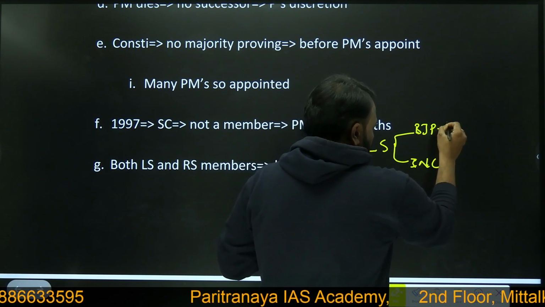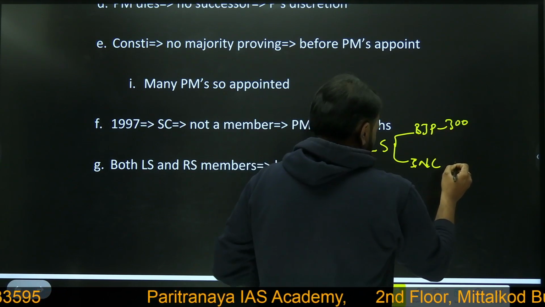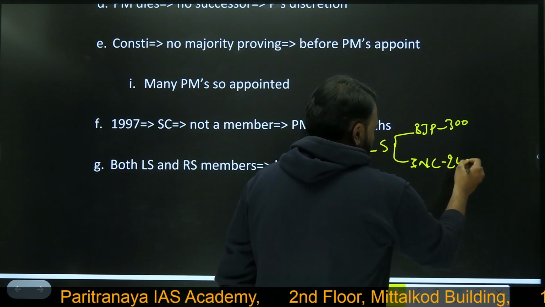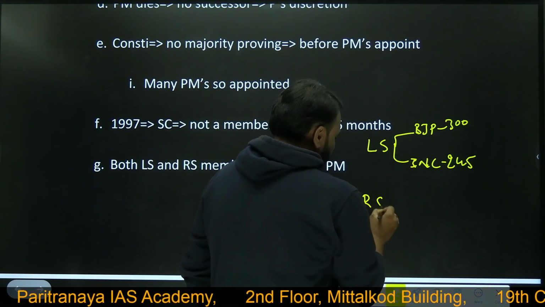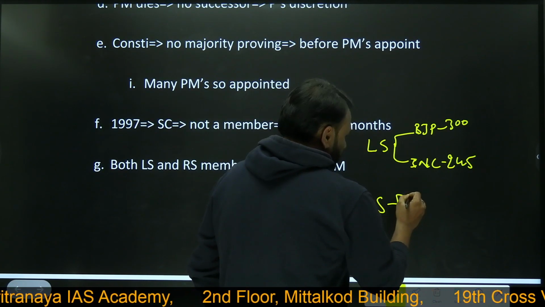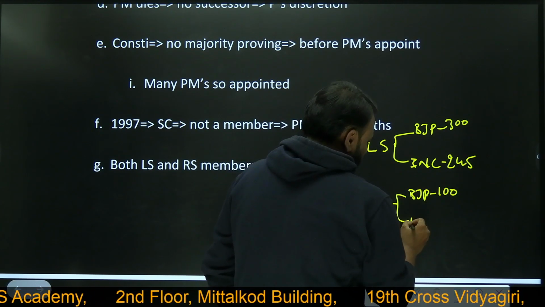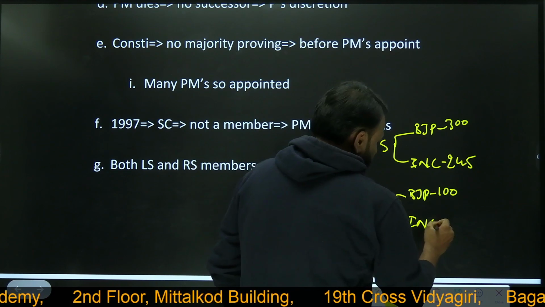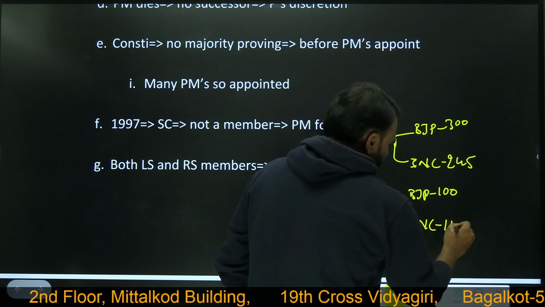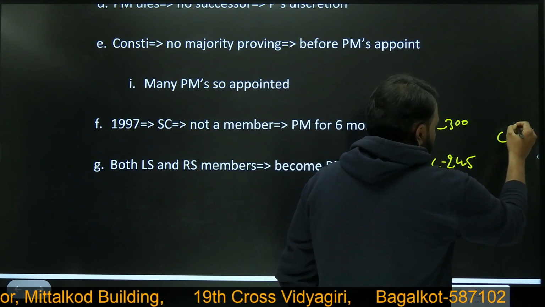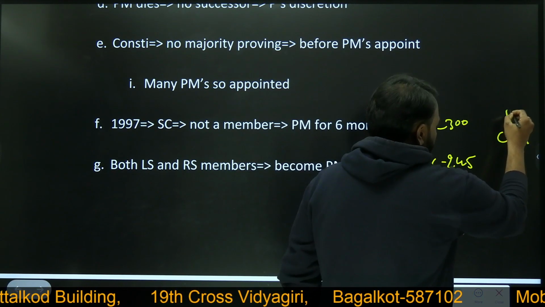Okay, so 300, next 245. Next, Rajya Sabha, BJP 100, Congress 145. Next, we have seen about the Council of Ministers headed by the Prime Minister.